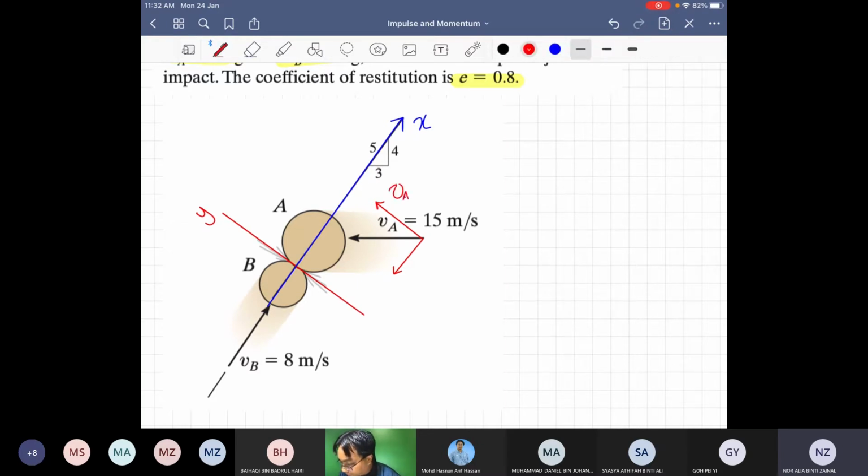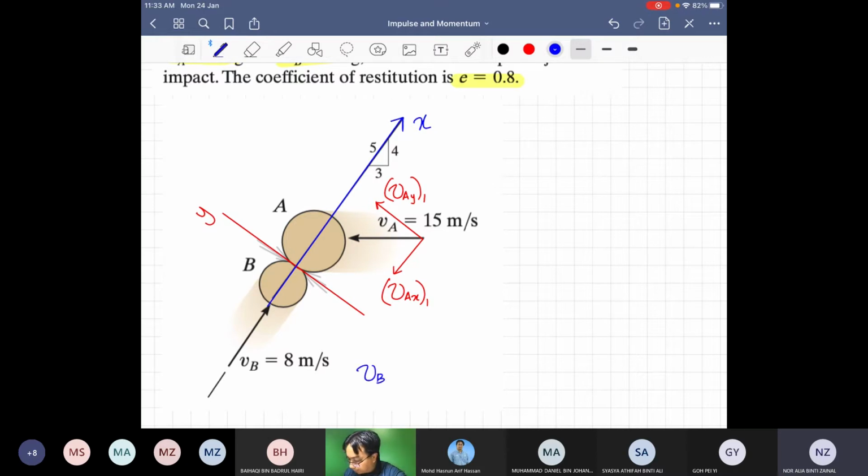This is VAX1. And then for VB, VBX is already in the x-axis.